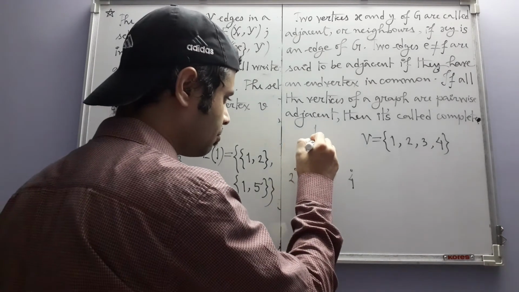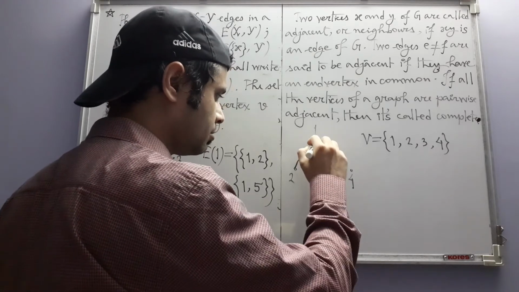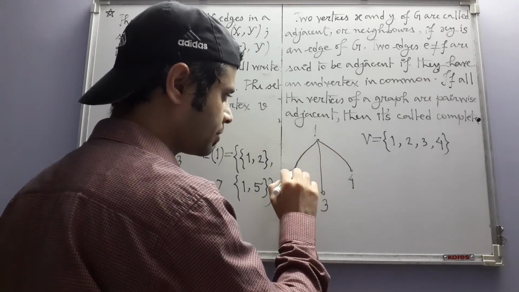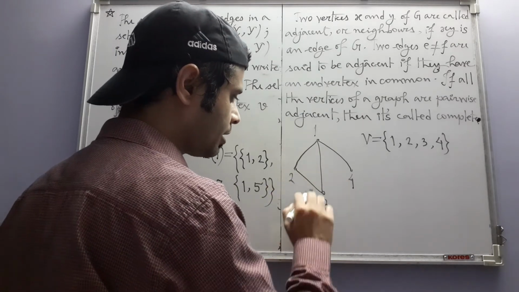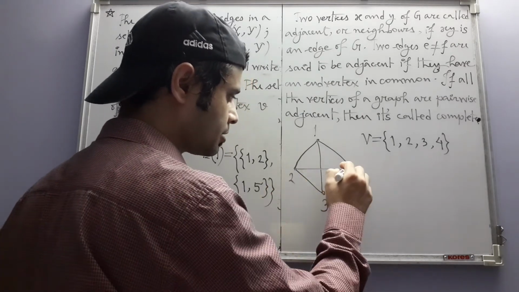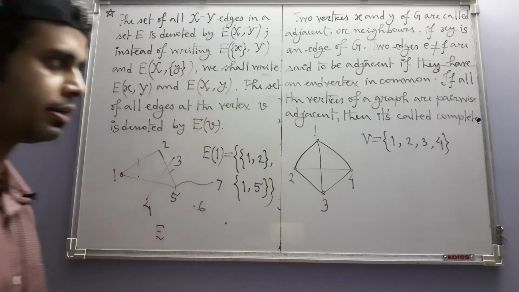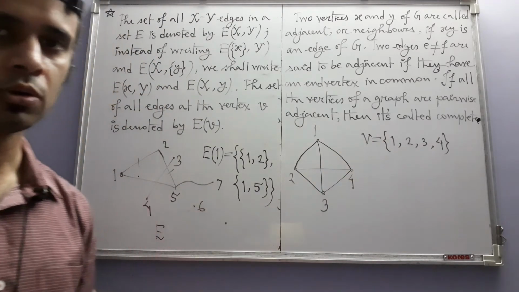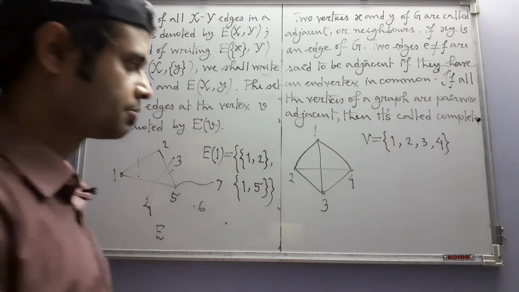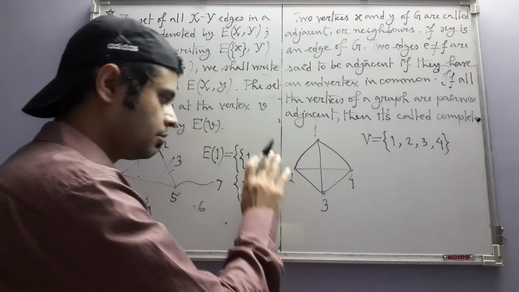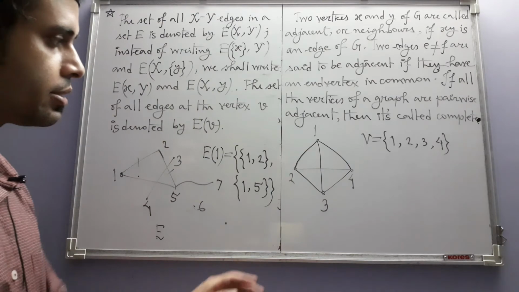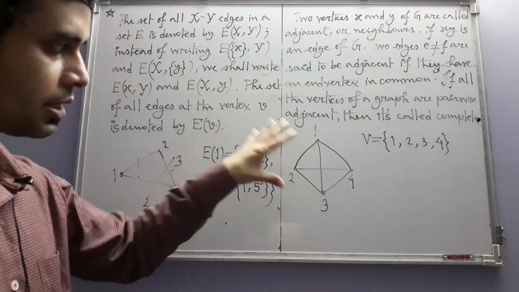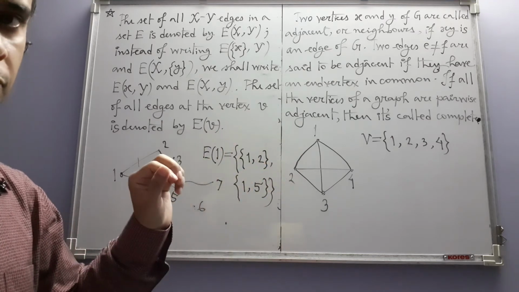So for example, 1 and 2 are adjacent, 1 and 3 are adjacent, 1 and 4 are adjacent, 2 and 3 are adjacent, 2 and 4 are adjacent, and 3 and 4 are adjacent. So this is a complete graph on 4 vertices. A complete graph is complete in the sense that it has as many edges as such a graph can possibly have.